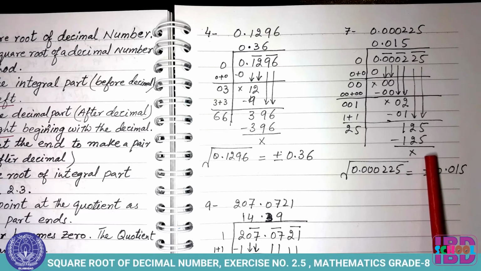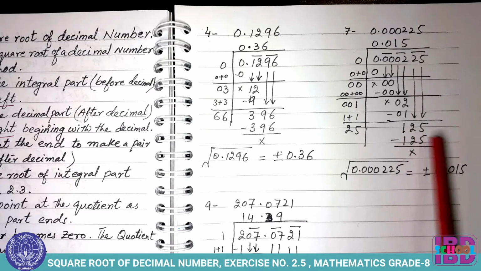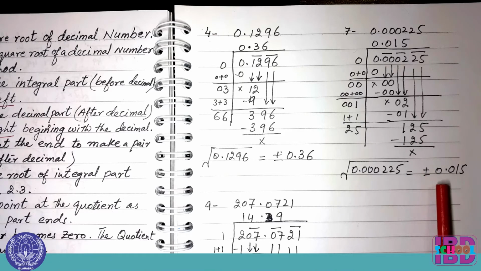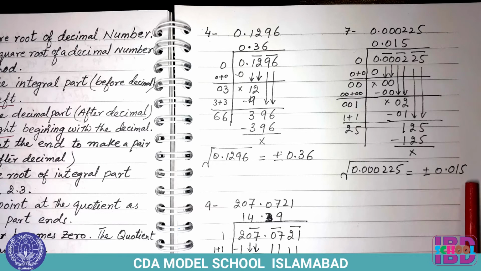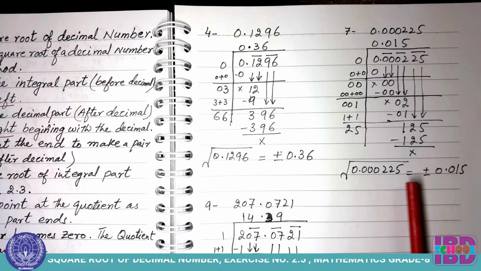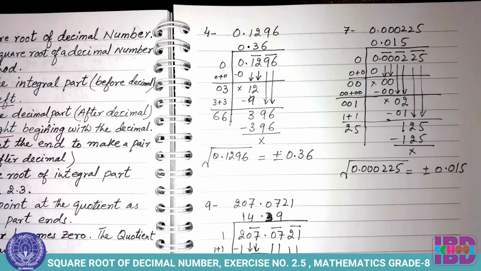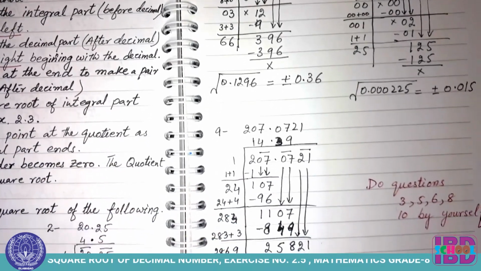It is exactly equal to the dividend. So we have 0 remainder. 0.015 is the square root of 0.000225.